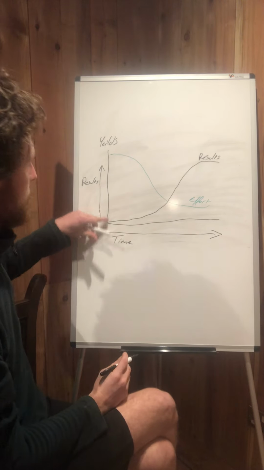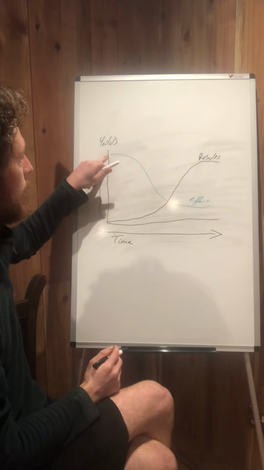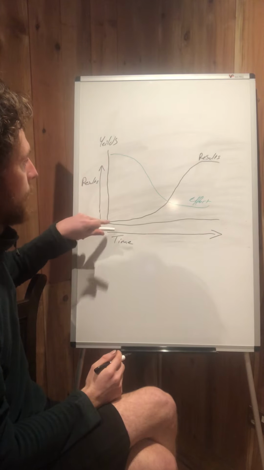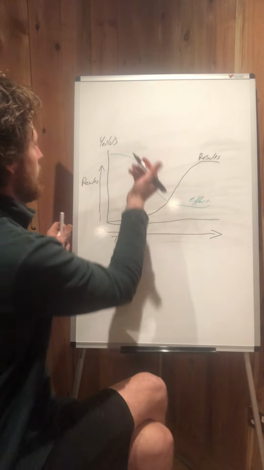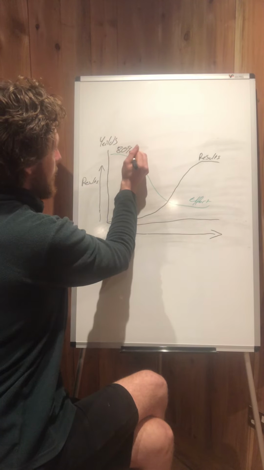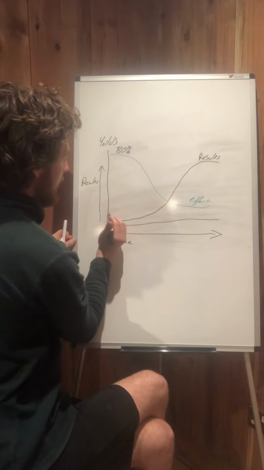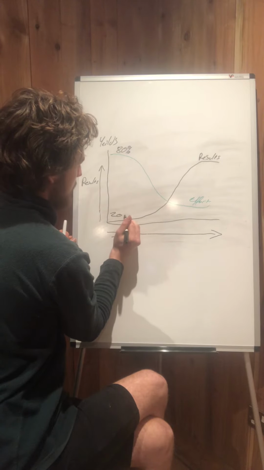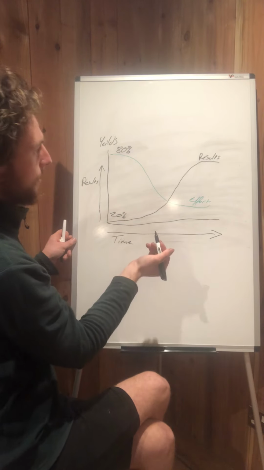So at the start of our projects, we're going to be putting in a lot of effort for minimal results. And so referring to the 80-20 principle, so 80% of our work is up here, and 20% of the results down here.